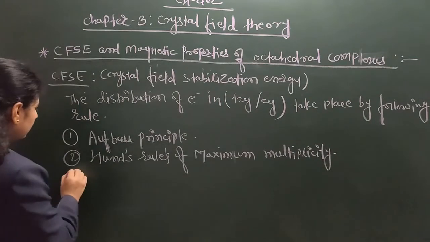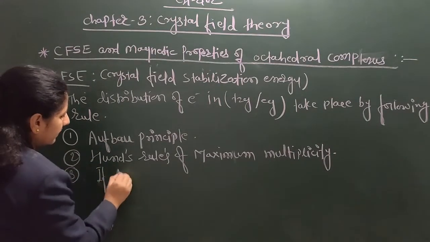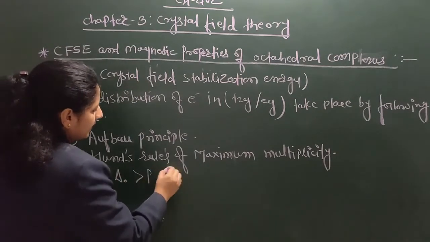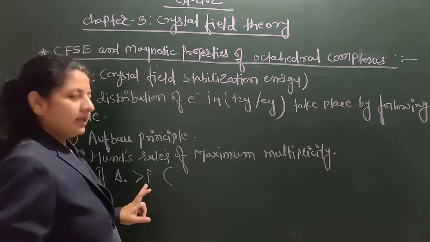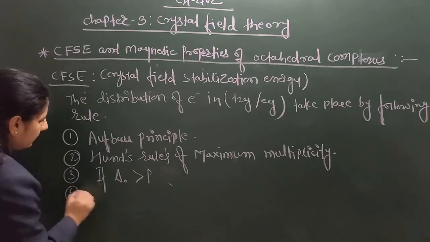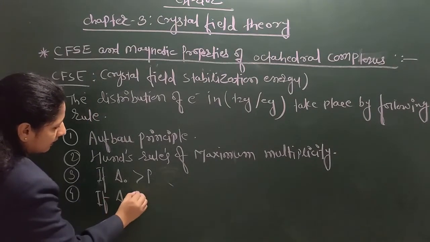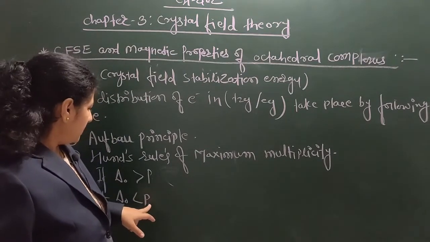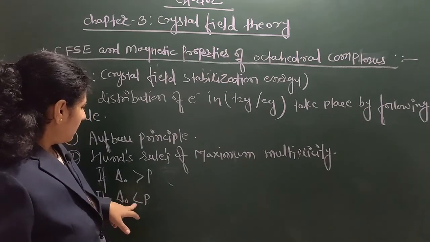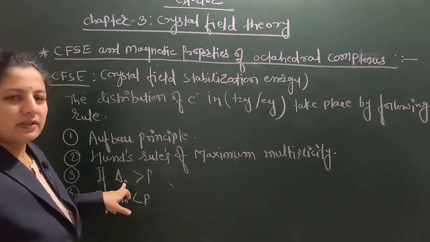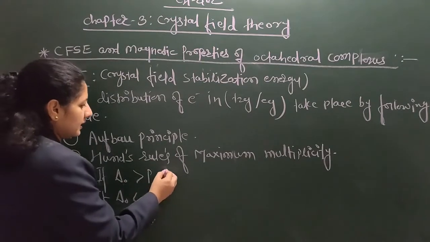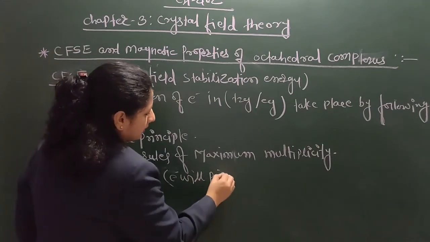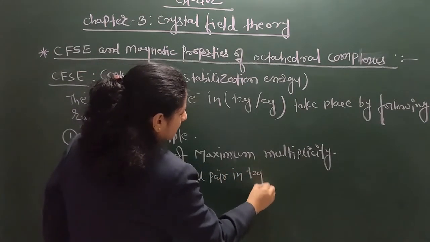Then the third one, there are two cases. If delta, the crystal field splitting parameter, is greater than the pairing energy, then obviously the energy required to pair the electrons is less, and this is the strong field case, so the electrons will pair in t2g.